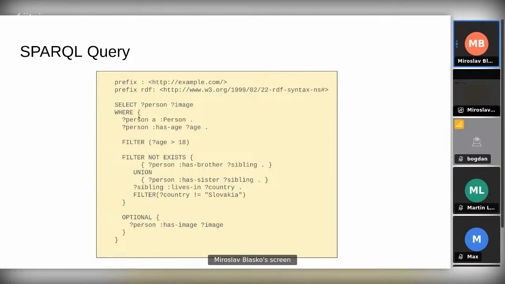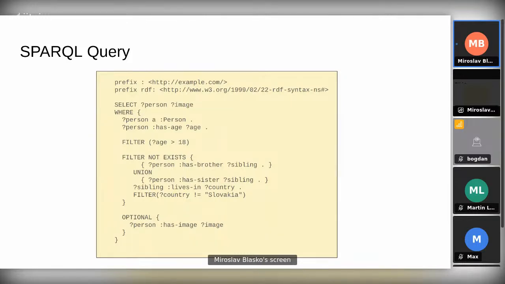I would point out that there are also parentheses, which indicate group patterns. If you have a basic pattern like person is a person, and person has age, then if you put it into parentheses, you create a group pattern of two basic patterns. Also, you can have an empty group pattern.